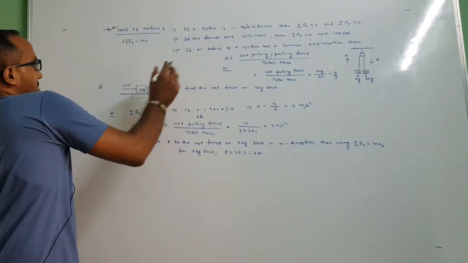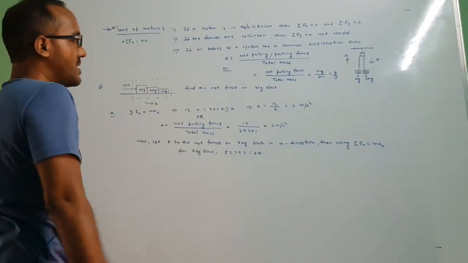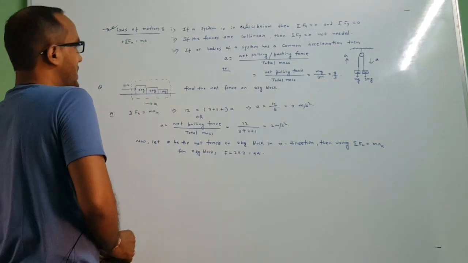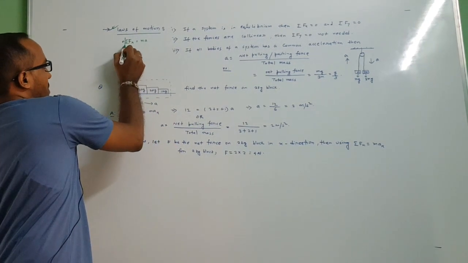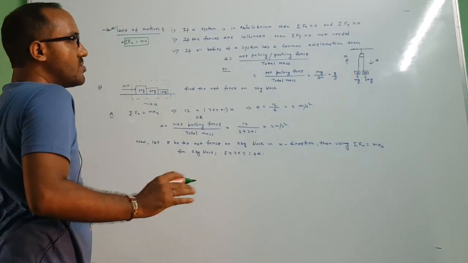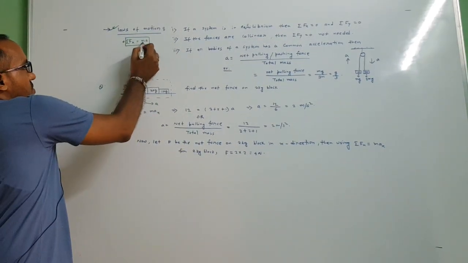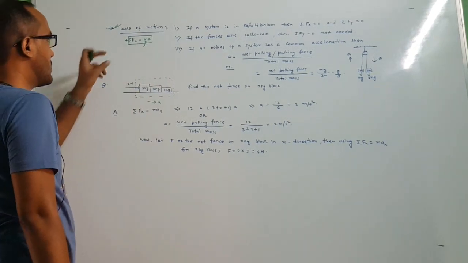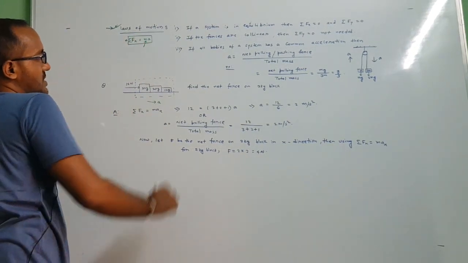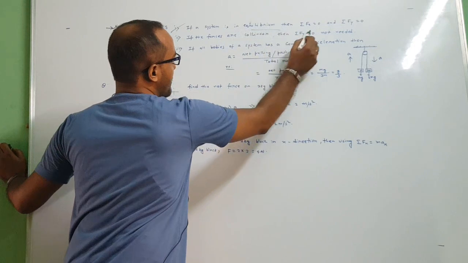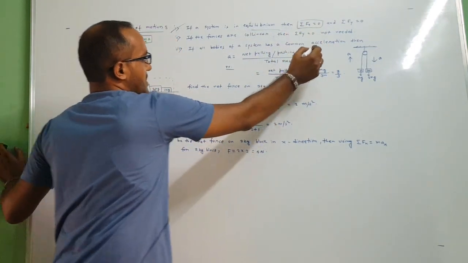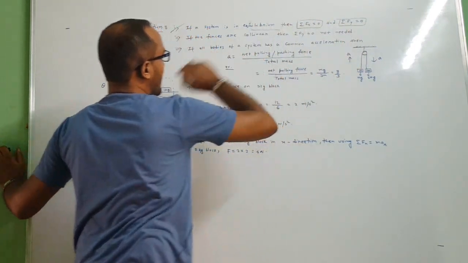If there are connected bodies and you want to find the motion of that object, then summation of Fx you will make mass into acceleration, that is the acceleration of the whole system, and mass is the total mass of the system. So Fx equals mass into acceleration. If the system is in equilibrium, then you have to make summation of Fx 0 and summation of Fy 0.